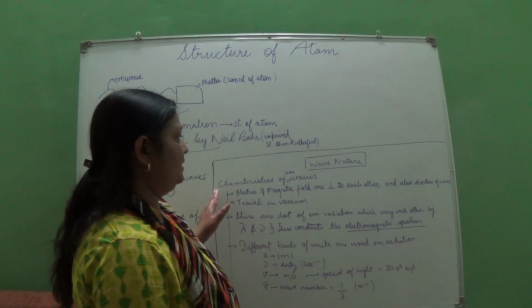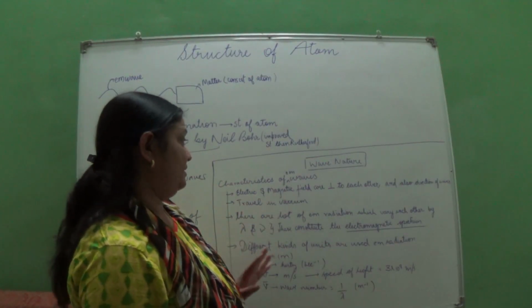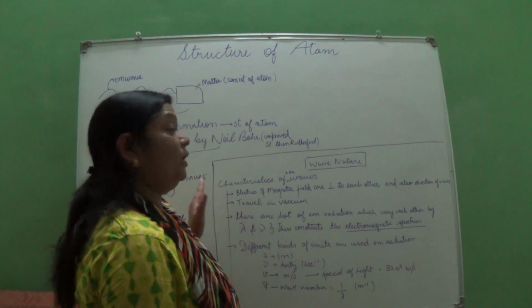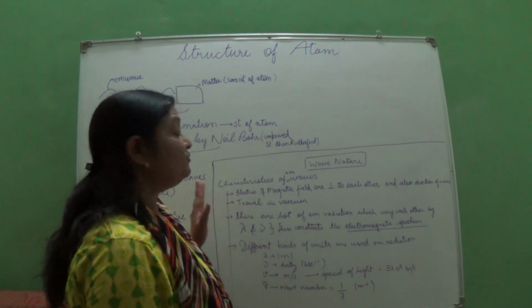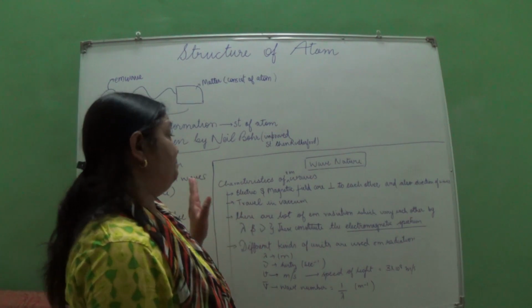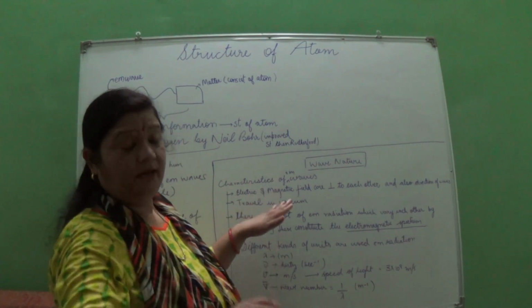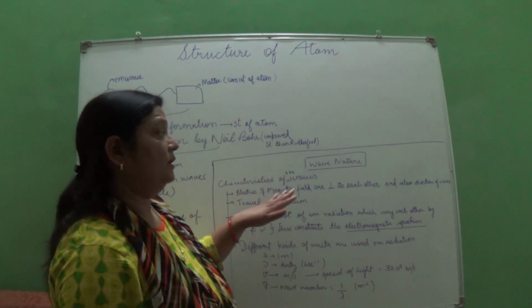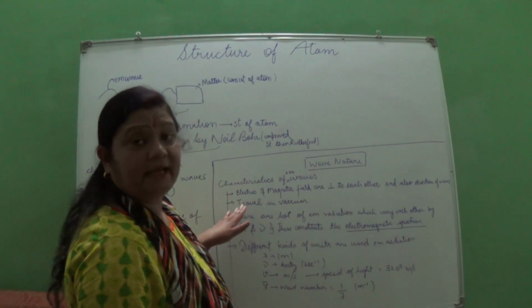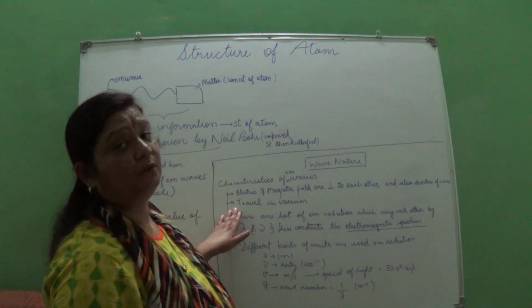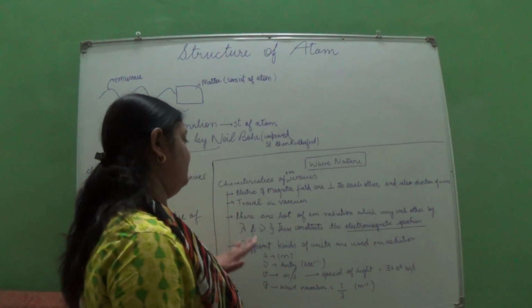Now let us study the characteristic features of electromagnetic waves. What characteristic features do these electromagnetic waves have? The first feature is that the electric and magnetic fields are perpendicular to each other and also to the direction of the waves. They can travel in vacuum; they don't need any medium to travel.